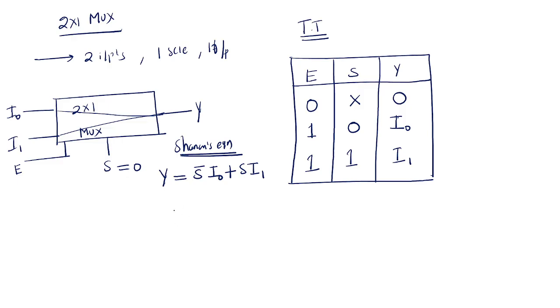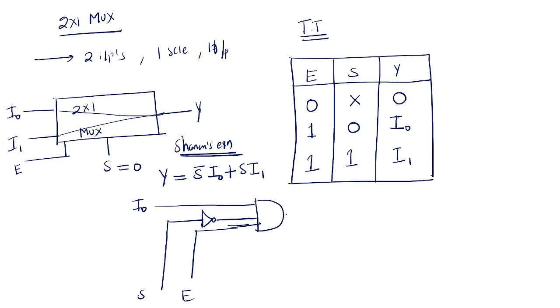So this is I0, and here you take S, and it is given through the inverter, and one more enable pin is there. This is given to an AND gate. So here you are getting enable, S bar, I0.